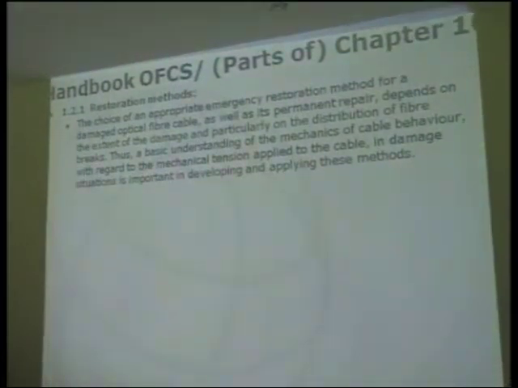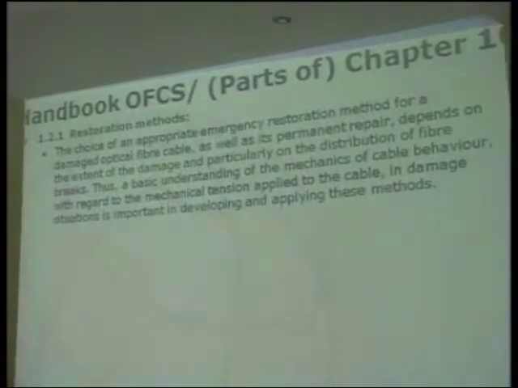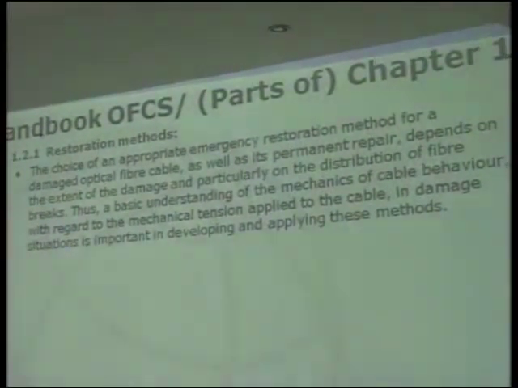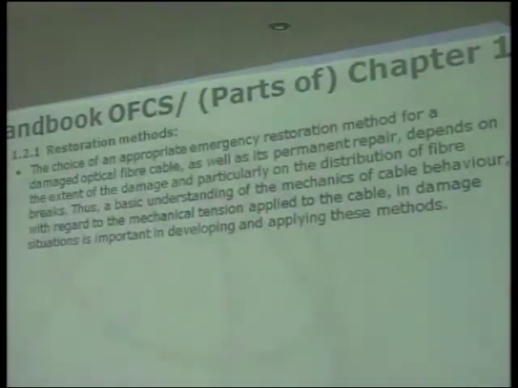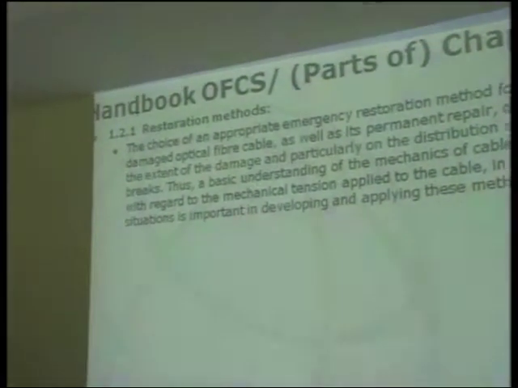There are some recommendations regarding the choice of an appropriate emergency restoration method, and also regarding the permanent repair. And the choice of one or the other depends on the extent of the damage, and particularly on the distribution of fiber breaks.